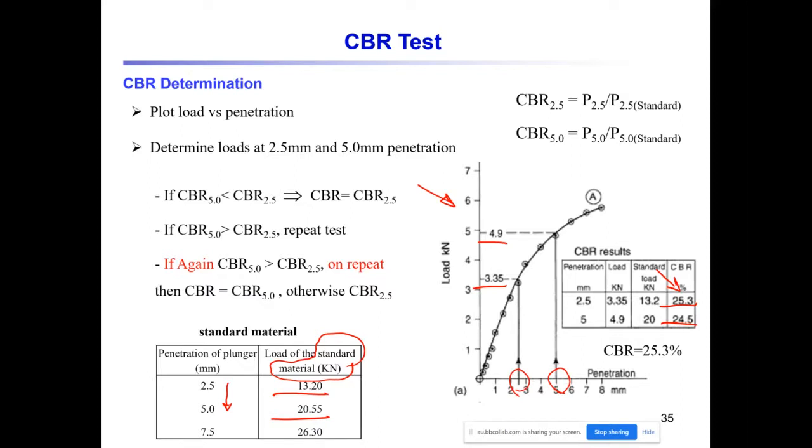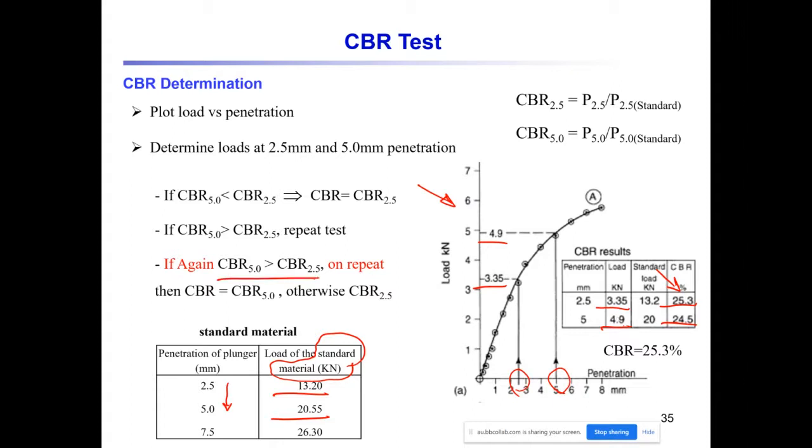So it is 7 kilonewton just for an increase of depth of 2.5 millimeter. But in the field, generally, the increase is not that much. Look at here, for the natural soil in the example, the value increased from 3.35 to 4.9. So for most soils, CBR 2.5 is larger than CBR 5. If this is the case, then you can rely on the results.